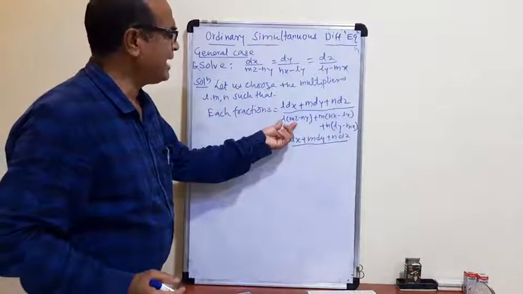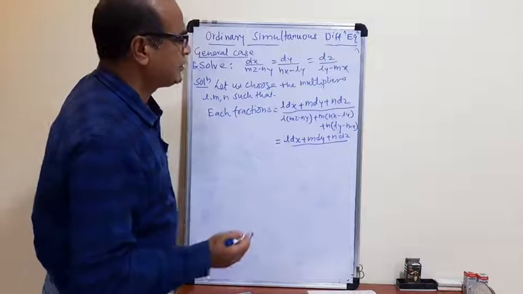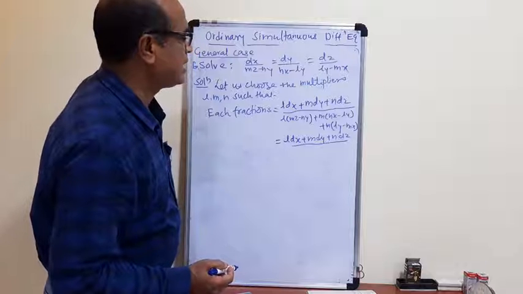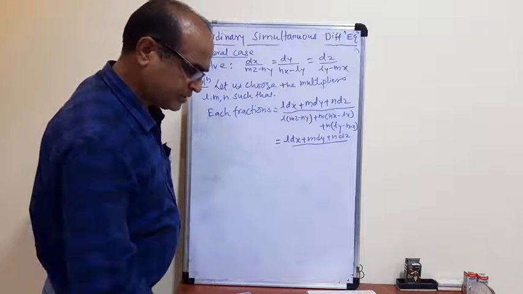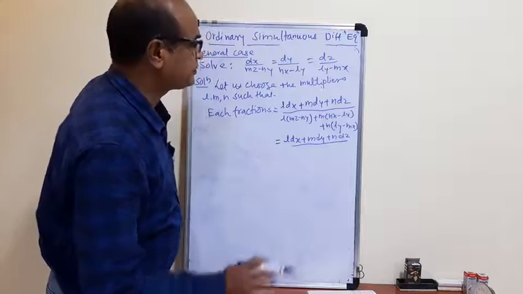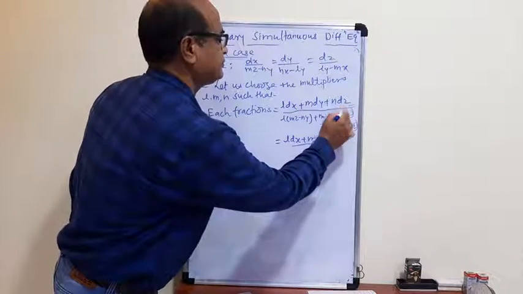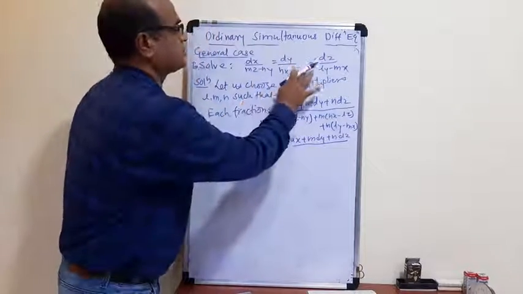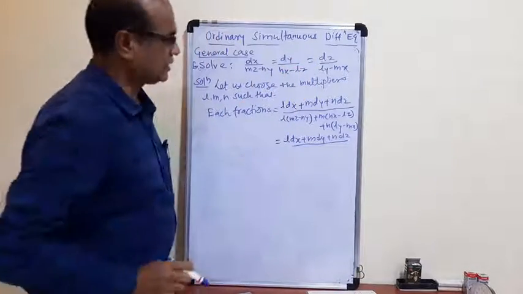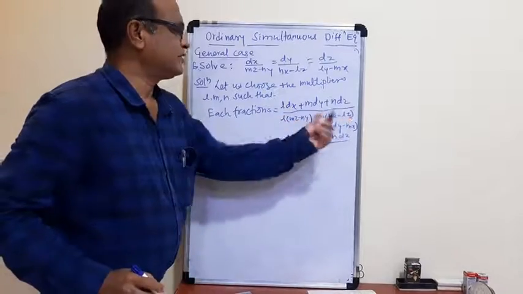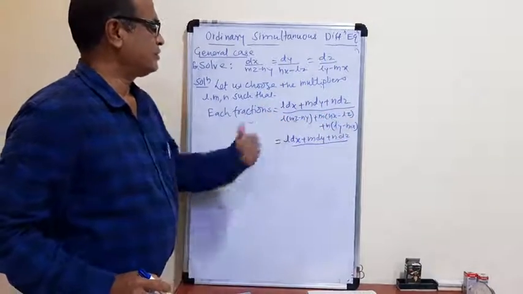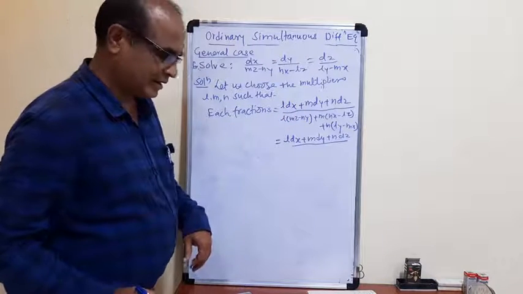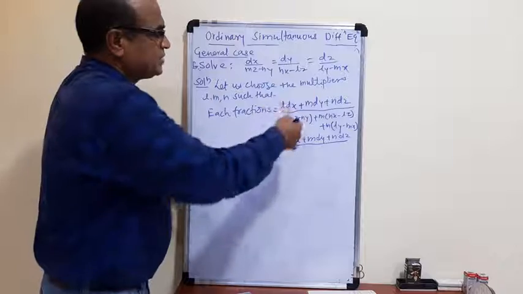Why? L times mz is lmz, so this is minus lmz, and another term is minus lmz, so each term gets cancelled.